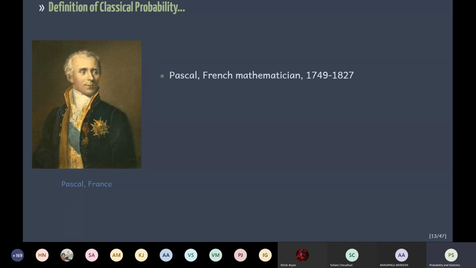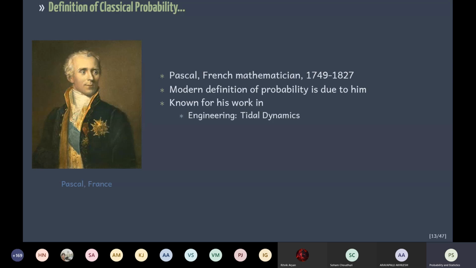Then comes Pascal, a French mathematician, and he actually defines it in a more proper way. He was known for a variety of things. Pascal was a very well-known mathematician. This Pascal triangle we already saw, but he did a lot of work. In engineering, like tidal dynamics and so on, that's more towards physics, you can say.